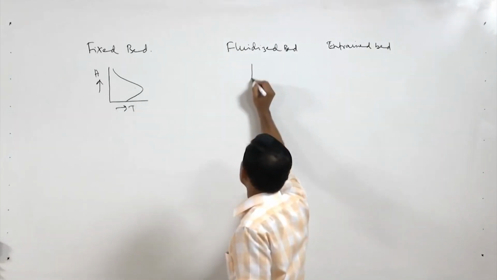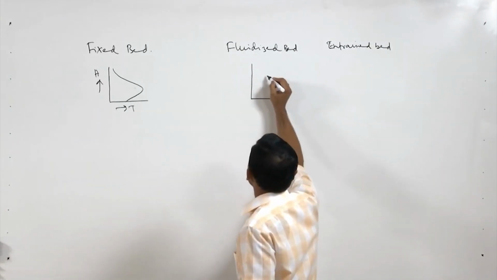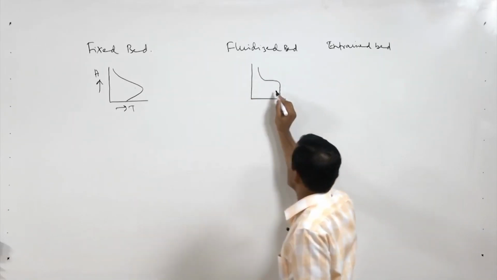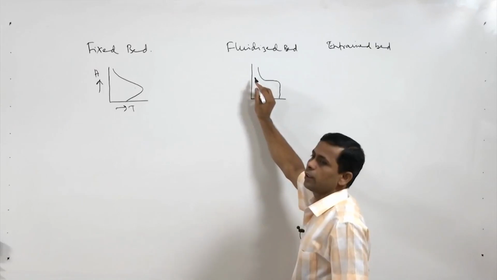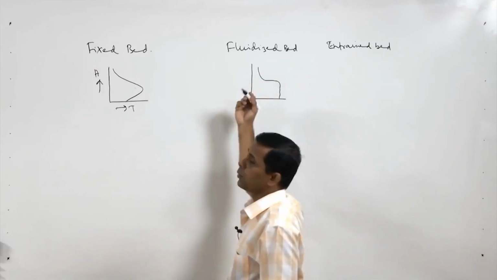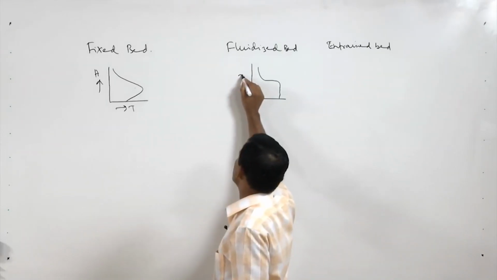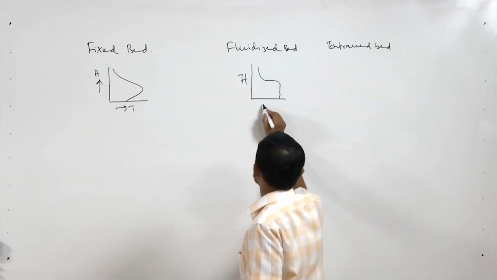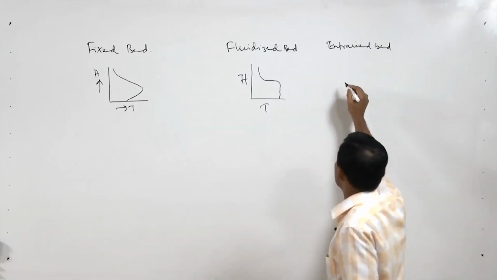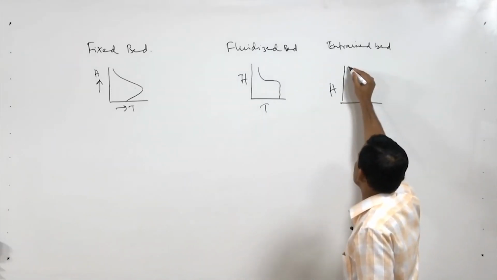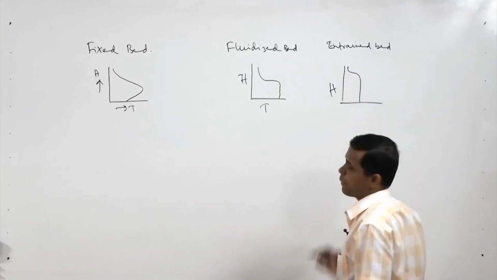And for fluidized bed, we had seen that the temperature is almost constant and very high up to a certain height of the gasifier, but above that the temperature is lower. And for entrained bed, we had seen that along the height the temperature is very high.